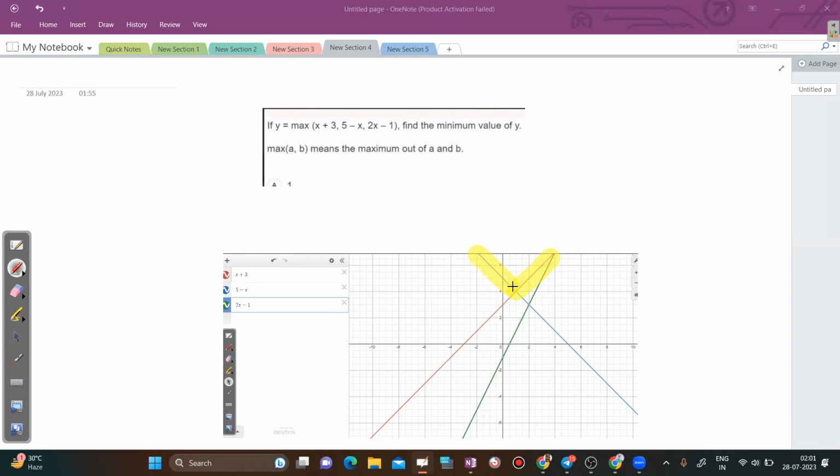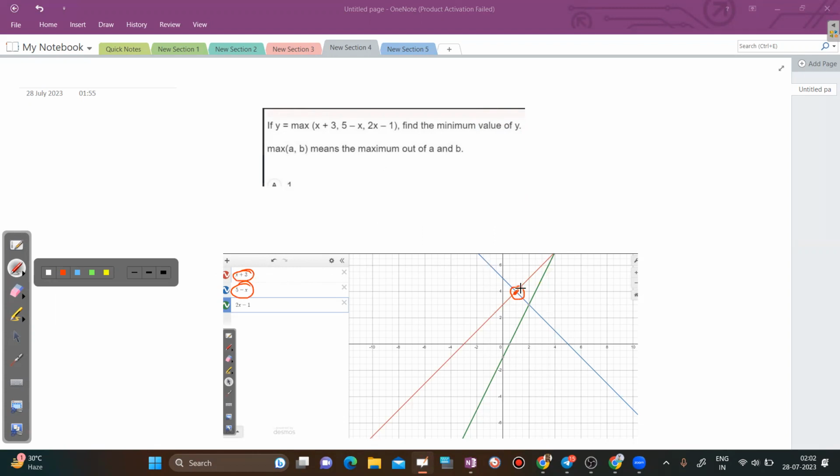Now you can see that it went till here and then it went above. This particular point is basically the intersection of this blue line, 5 - x, and this red line, x + 3.